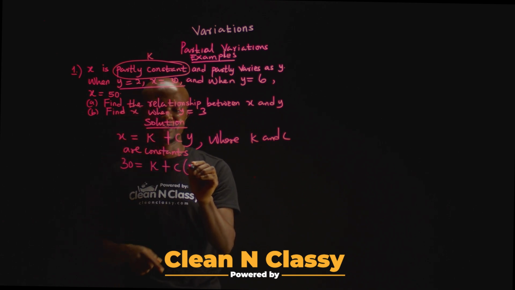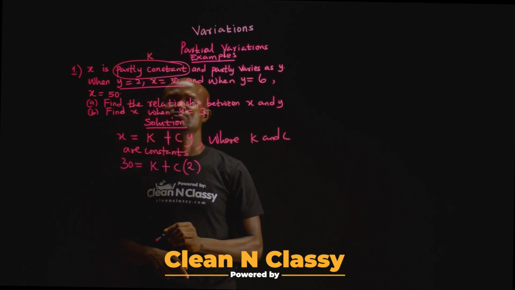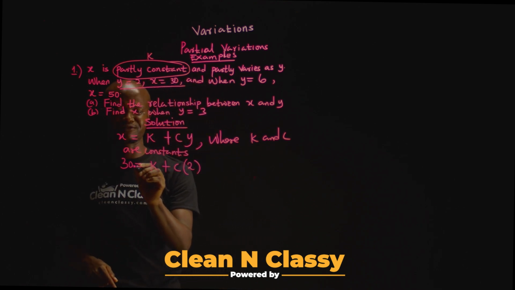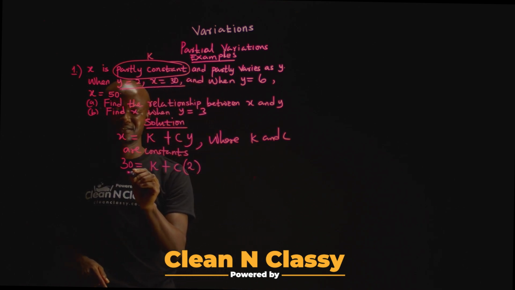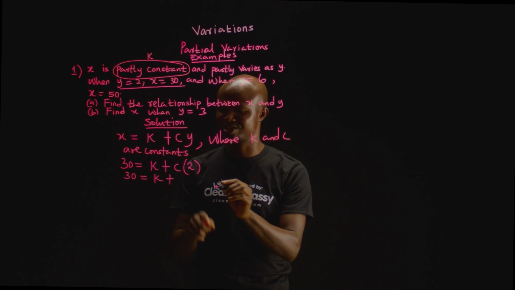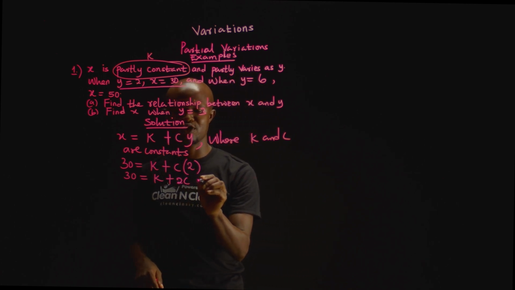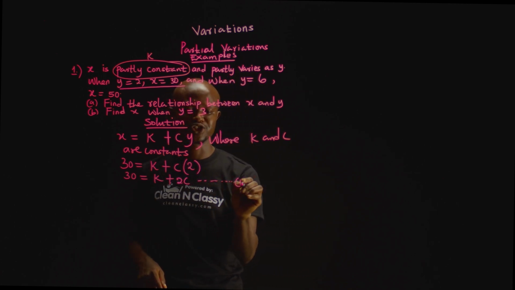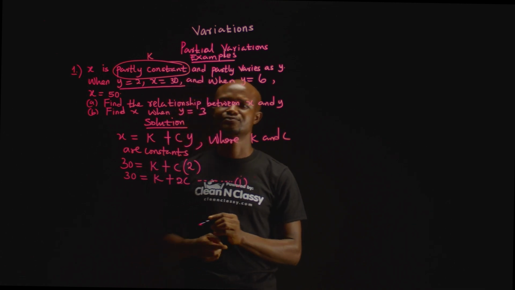What is y here? 2. So 30 is equal to k plus c times 2, that is 2c. This will form our first equation, equation 1.